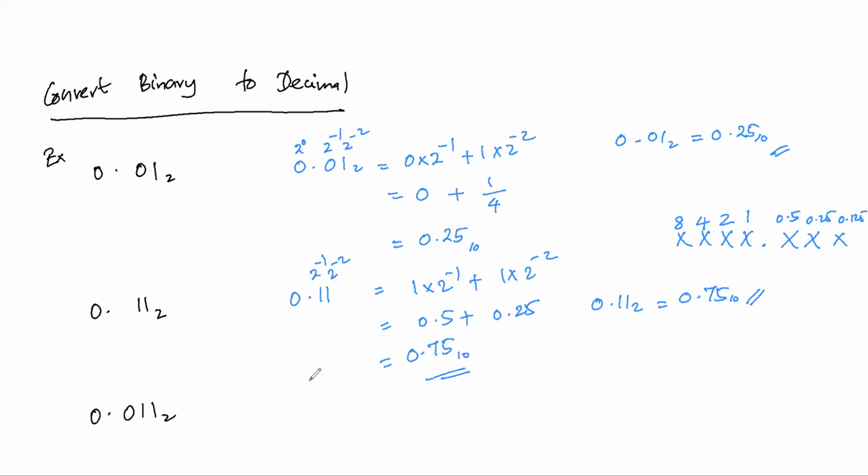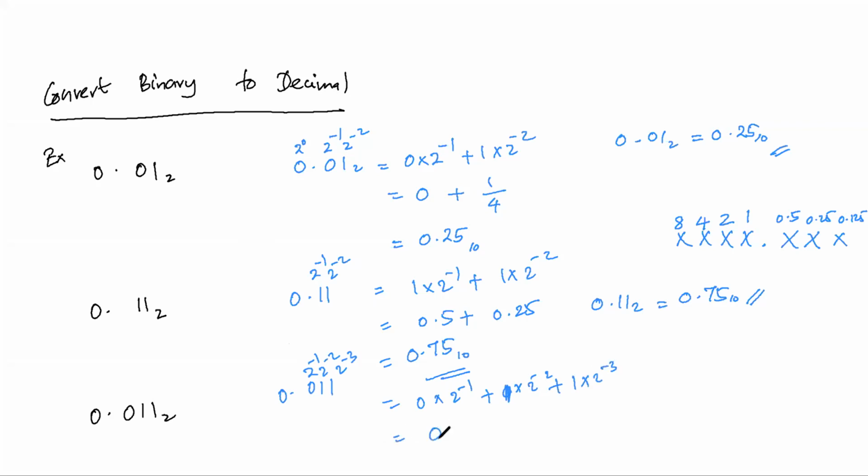Means if you want to convert 0.011, we have weighting factors 2 to the power minus 1, 2 to the power minus 2, 2 to the power minus 3. So 0 into 2 to the power minus 1, plus 1 into 2 to the power minus 2, plus 1 into 2 to the power minus 3.